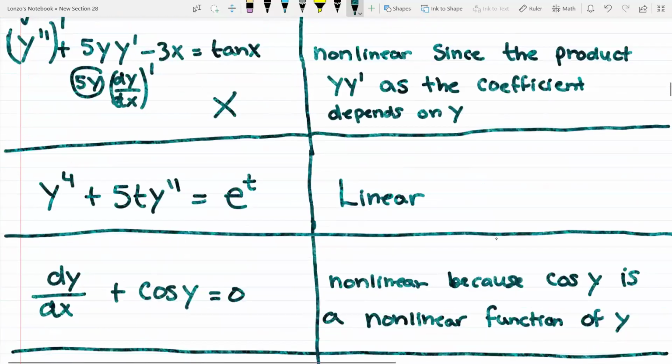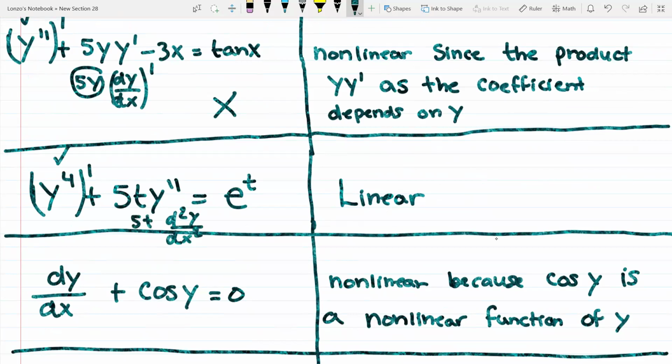What about the second one? y fourth is the same thing as the fourth derivative. This is fine because it's still technically to the power of one. The coefficient is one, it doesn't have a y in it, so that's fine. What about this one? 5t y double prime. That's the same thing as 5t d squared y over dx squared.